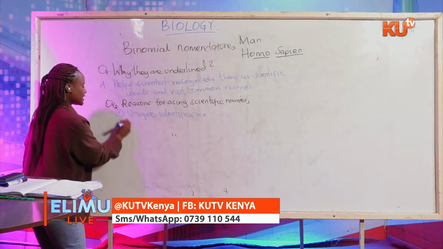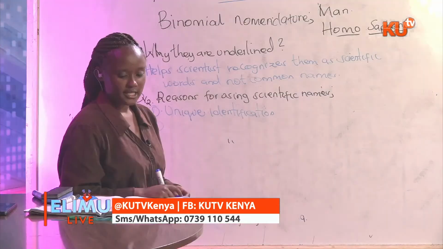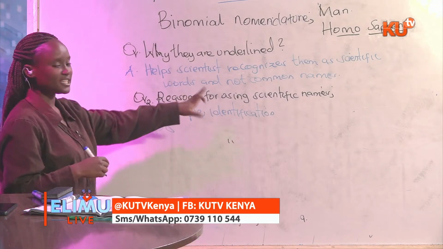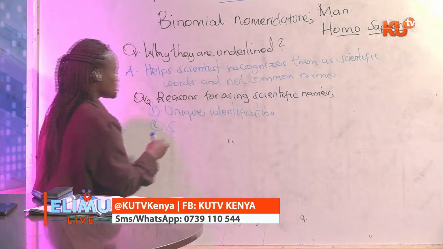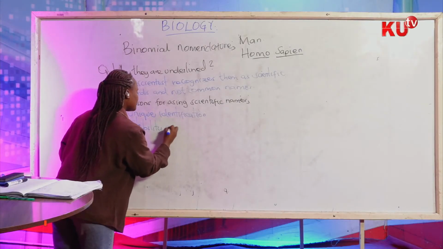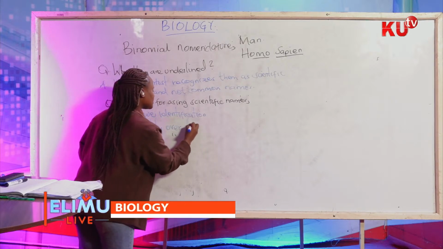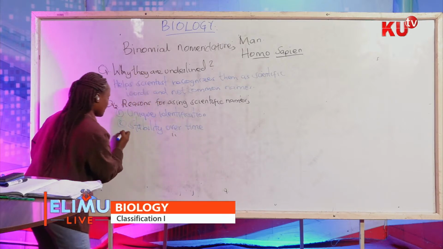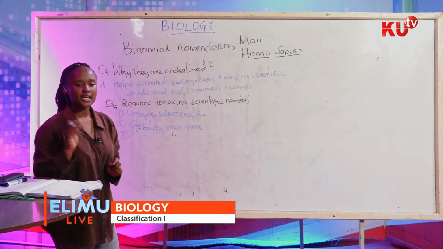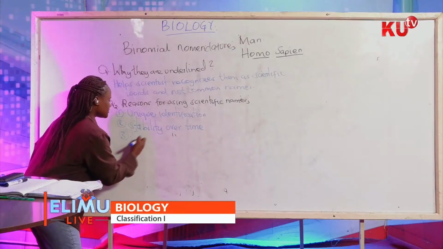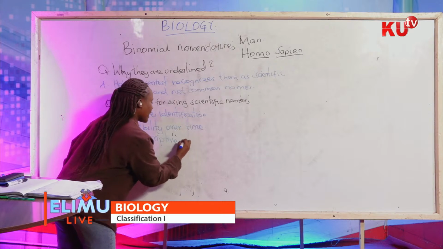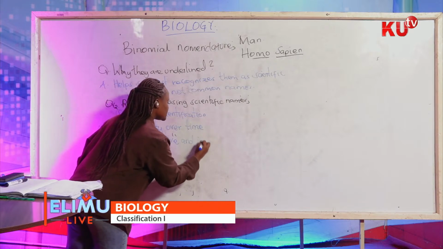And then the second one, we have stability over time. The scientific names are not going to change. And then we have the third one, it is descriptive and informative.